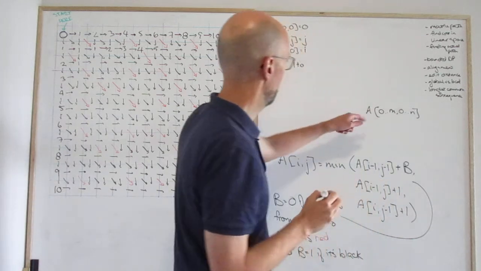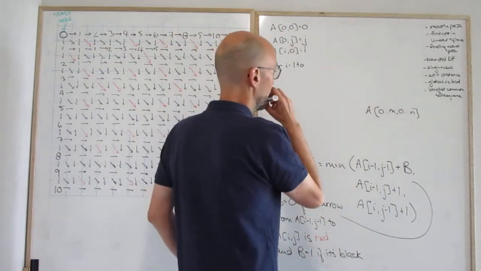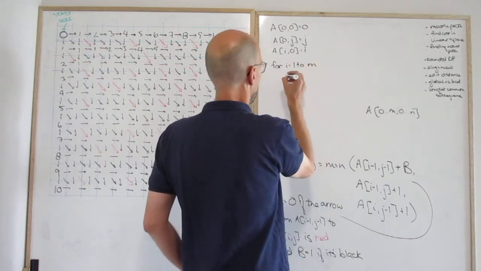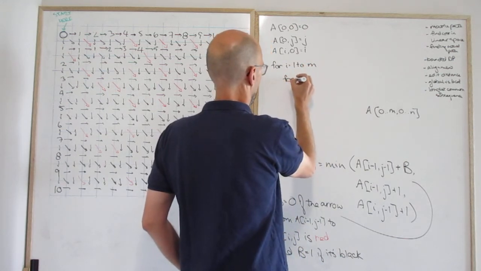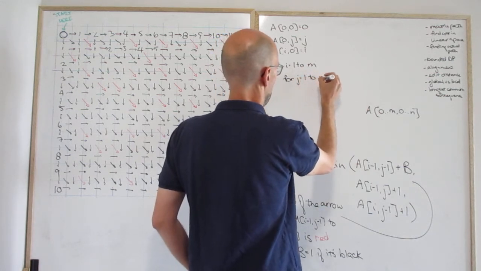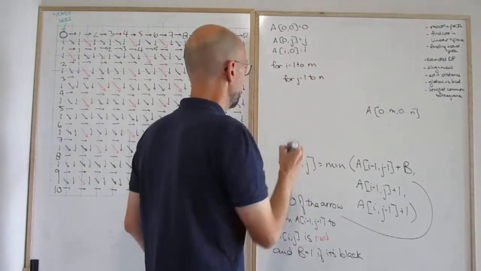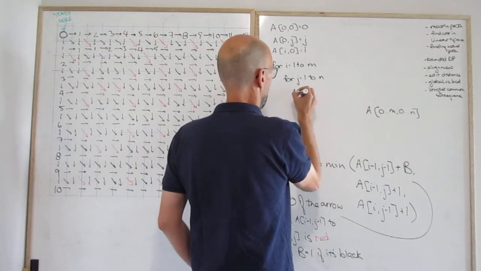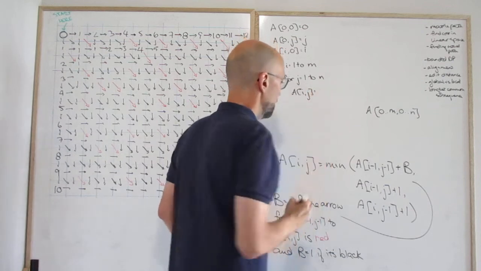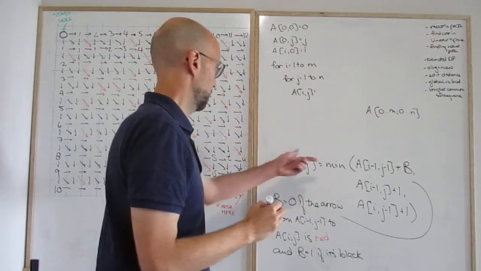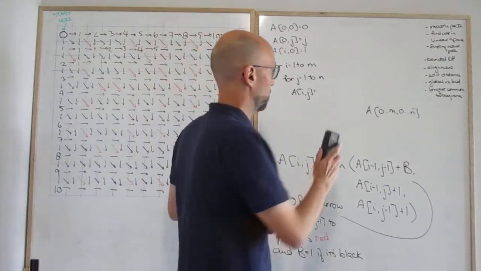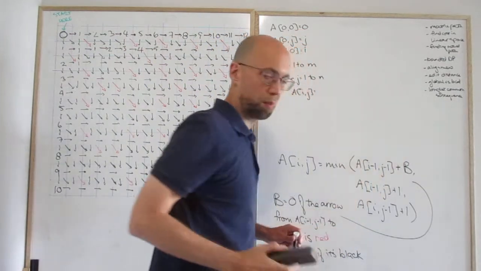Okay, so this is our matrix. For i is 1 to m, for j is 1 to n, A i j equals this. Actually, that was a bad place to write. That's the dimensions of my matrix.